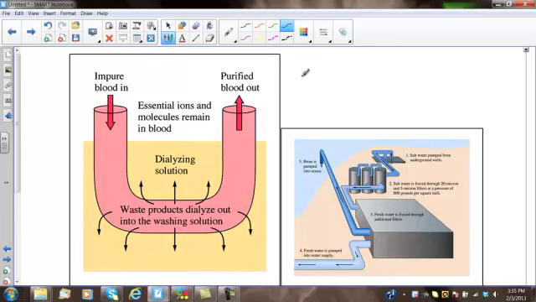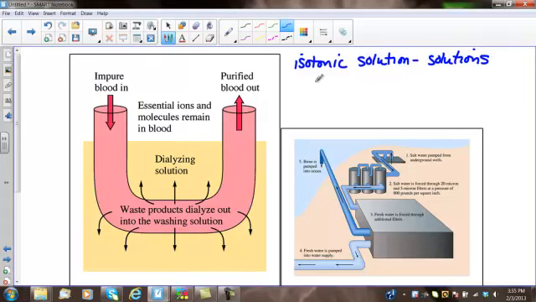One thing that you might want to jot down is the word isotonic solution. I don't know if it's ever come up, but it's a good word to know. They are solutions that have identical osmotic pressures.